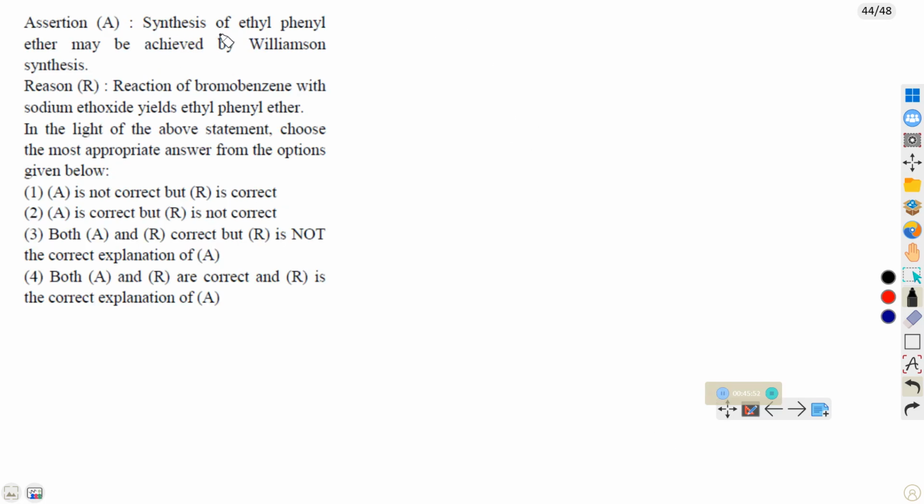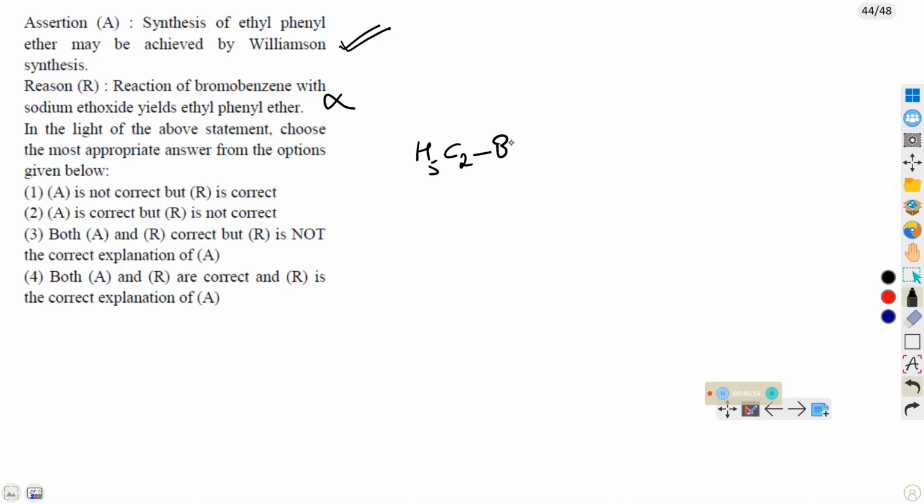Assertion: synthesis of ethyl phenyl ether may be achieved by Williamson synthesis. Correct. Reason: reaction of bromobenzene with sodium ethoxide yields ethyl phenyl ether. This is the wrong statement. If you want ethyl phenyl ether, you can take C2H5Br.